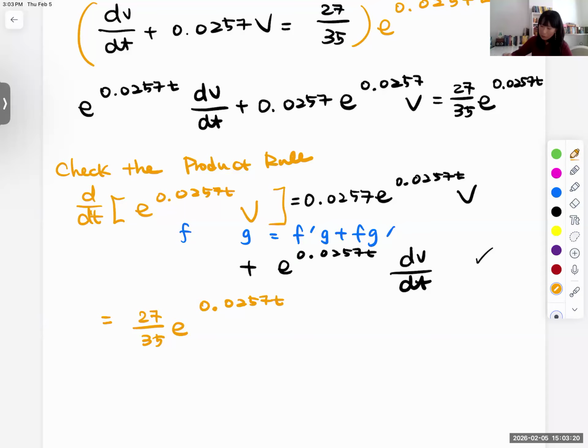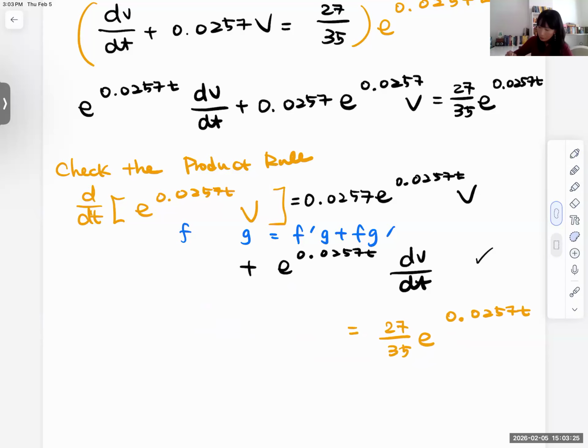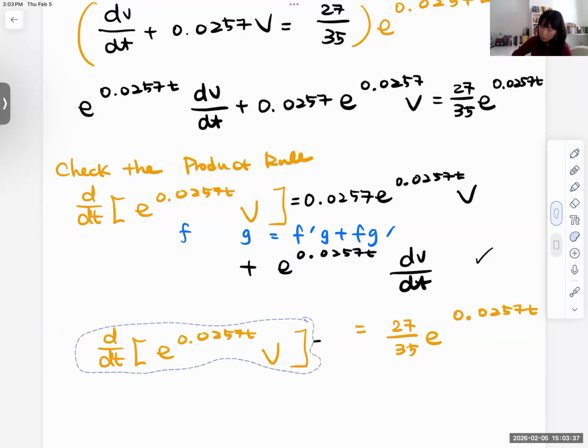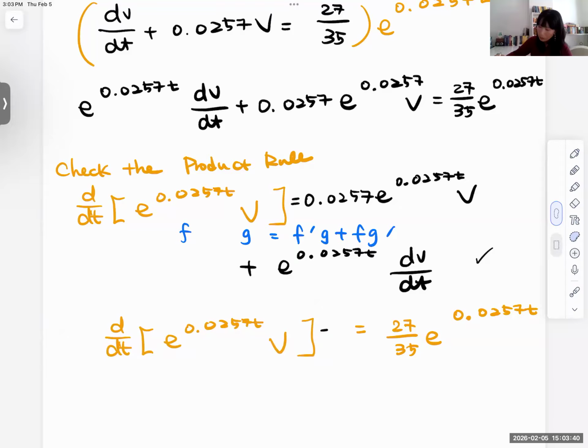Okay, so this is the right hand side, and this is the left hand side. So all together, left hand side equal to right hand side.